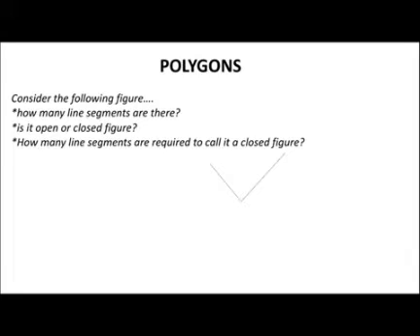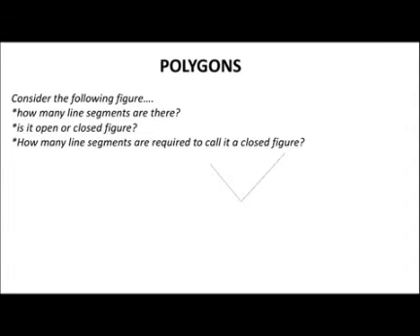Now, these two line segments are meeting at one point. Okay, all of you know what the point is. It's called a vertex. Now, can you call this a closed figure? You cannot, is it not? Because in this figure we have two line segments, so it is an open figure.